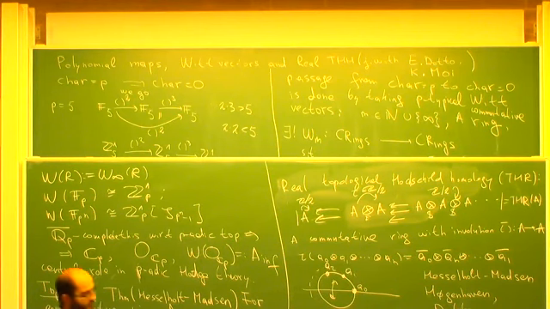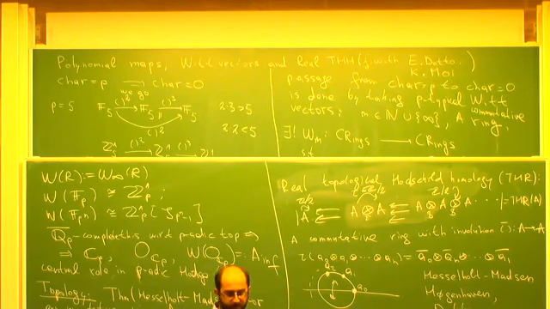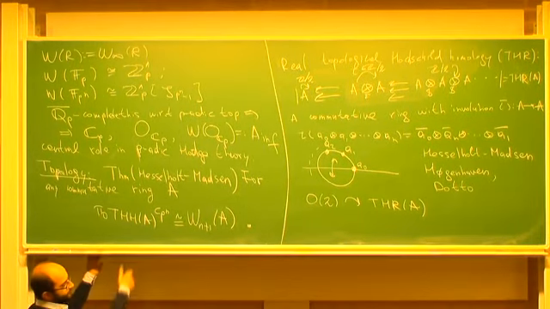THH has an S1 action, but with the flip of S1, we altogether get an O2 action. This choice of coordinate basically corresponds to identifying O2 with the semi-direct product of S1 and Z/2, but again, this doesn't have to be the case. You can also do it without one.